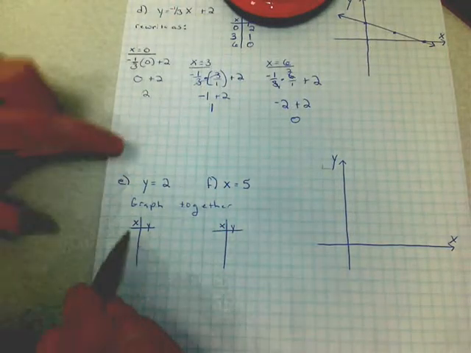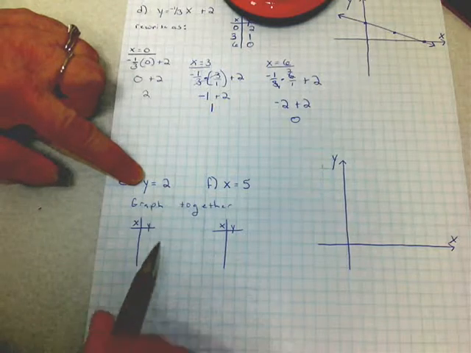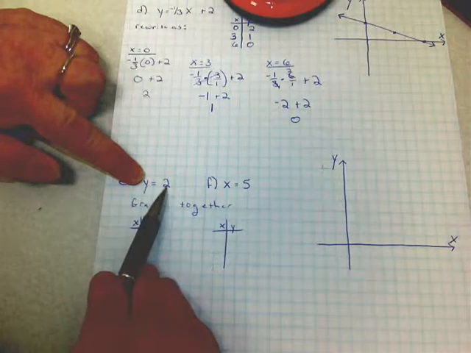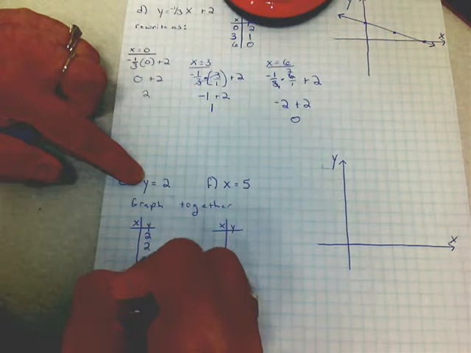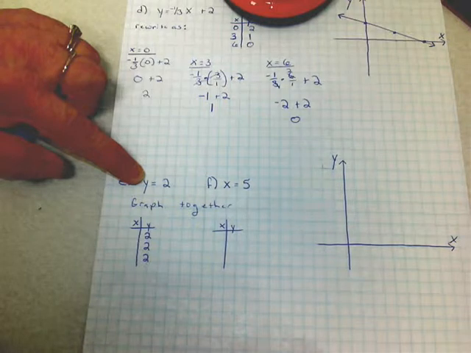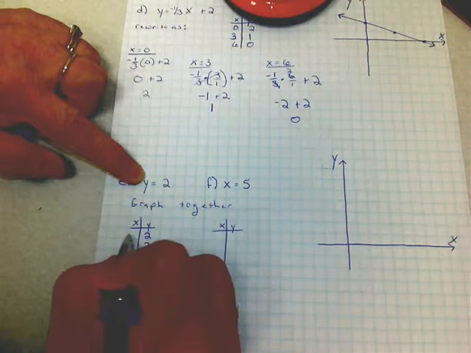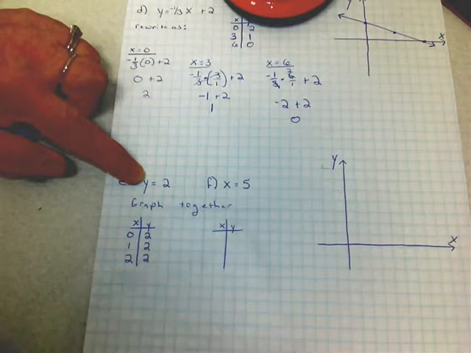This first one says y equals 2. So it doesn't matter what the x is, y is always going to be 2. So I just put under the y table here, put 3 2's. And now I can just choose anything I want. So I'm going to choose 0, 1, and 2.